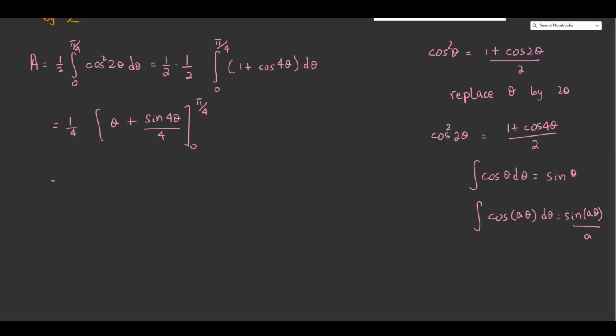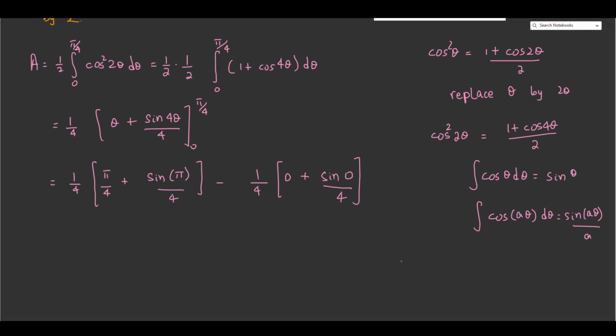And now we substitute the limits. 1 by 4, first we substitute the upper limit, in place of theta, then it becomes pi by 4 plus, when I replace theta by pi by 4, the 4 will cancel and I will get only sine pi, minus half. Now we substitute the lower limit: when I put theta equals 0, it becomes sine 0 by 4.